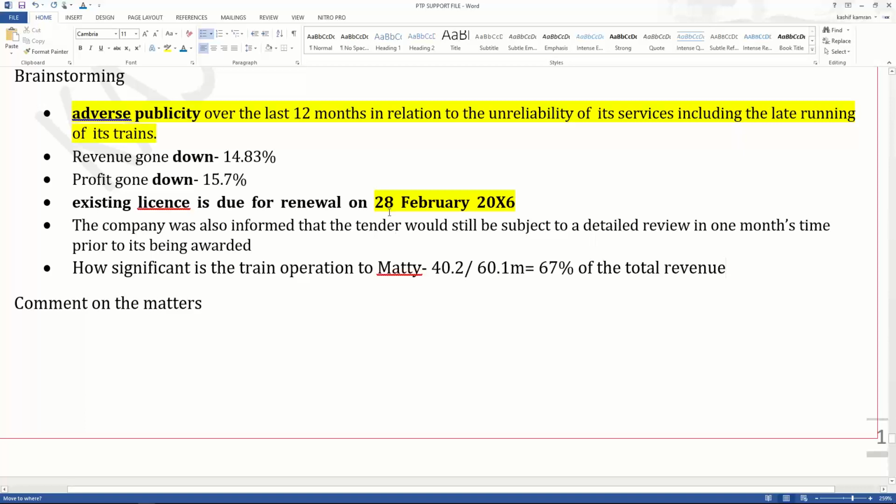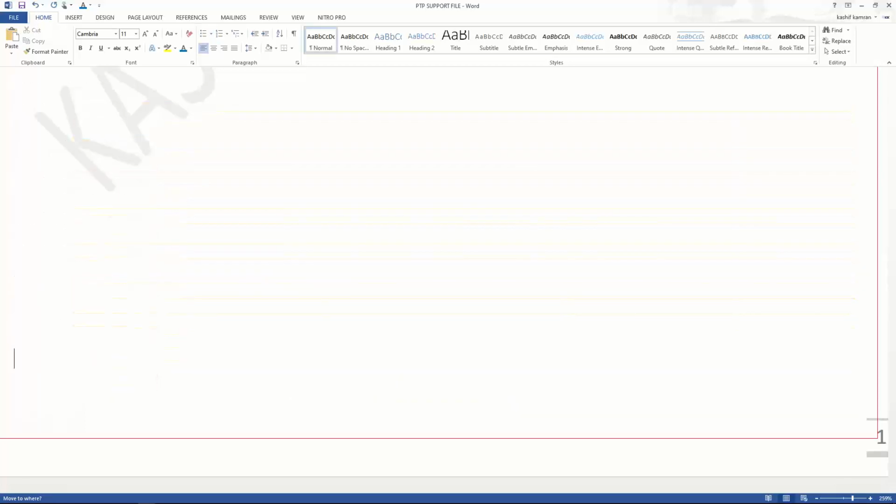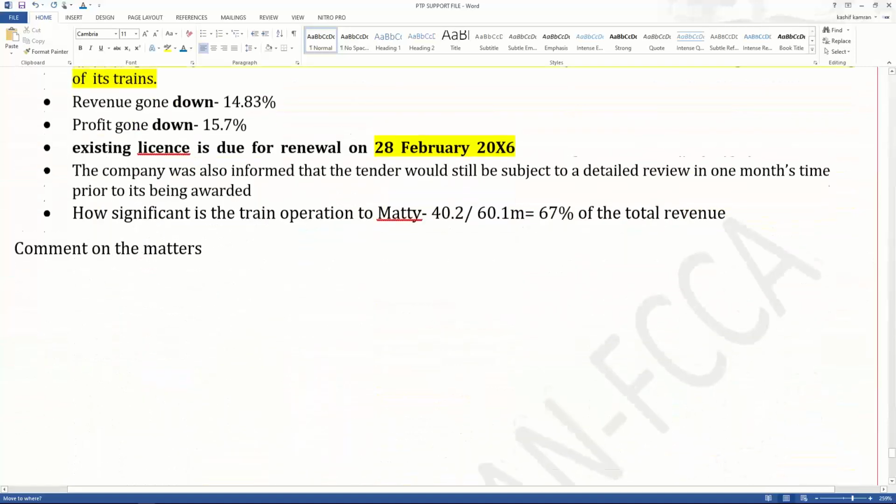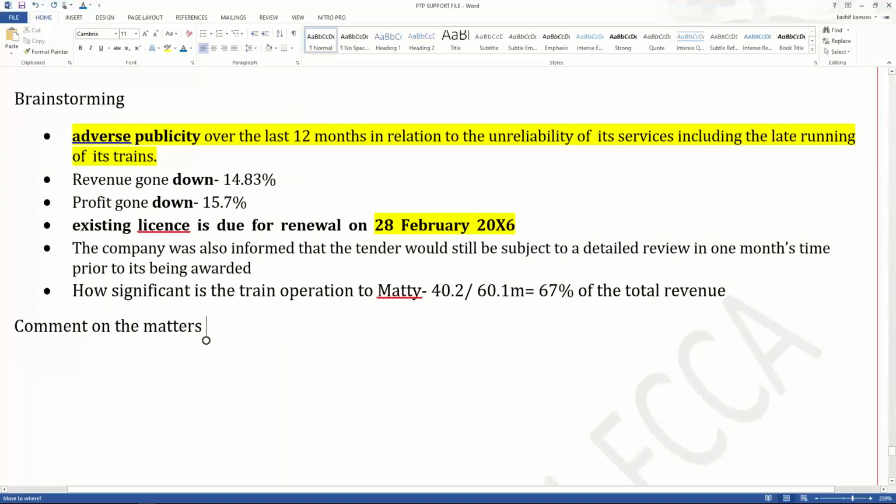Ends the story. Now we need to comment on the matters. How will we comment on the matters? Will we find materiality, accounting treatments? No, because it's a going concern matter.